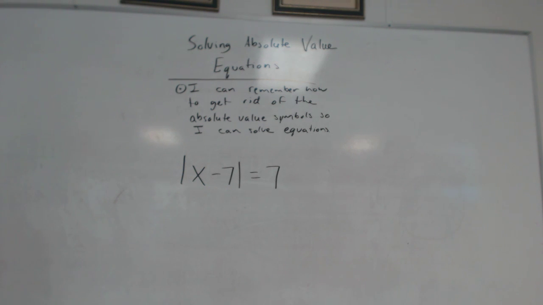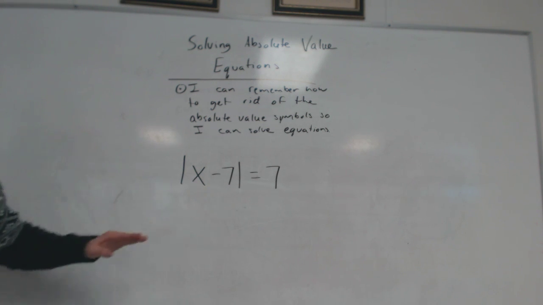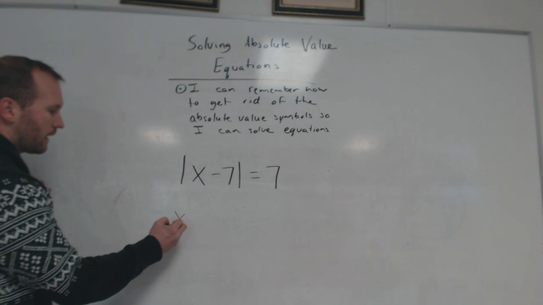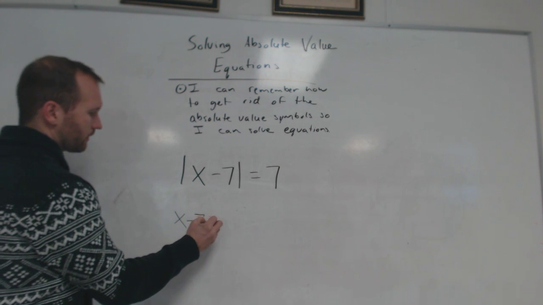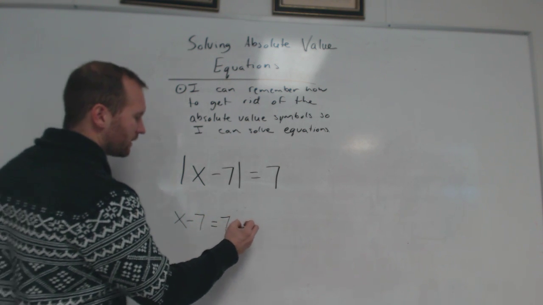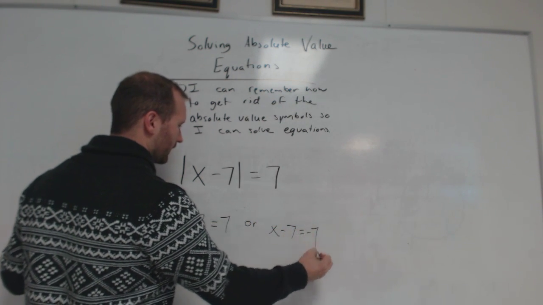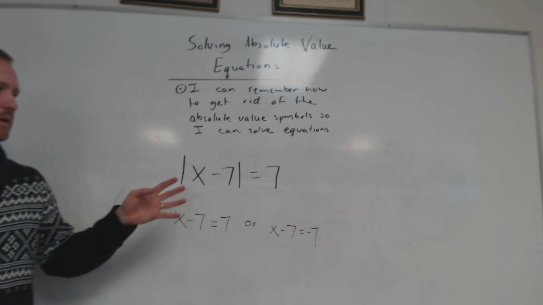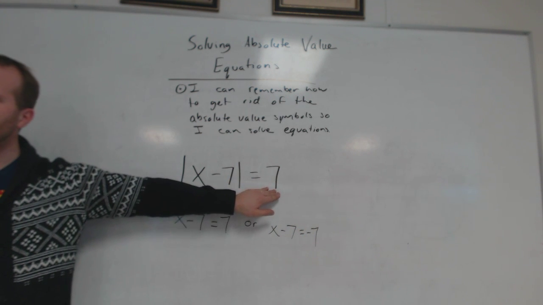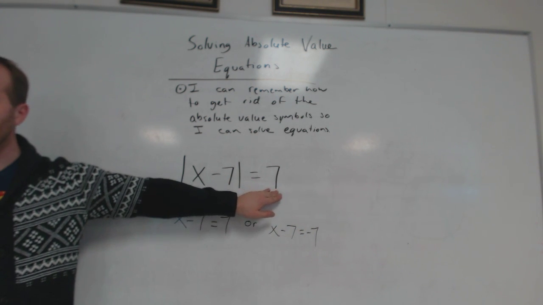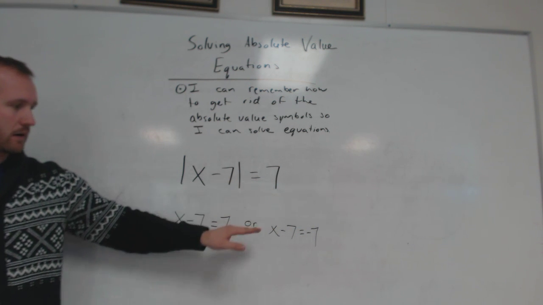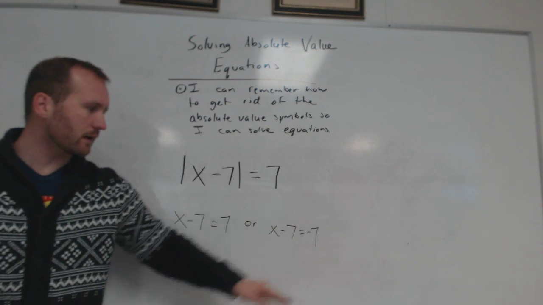But the process is the same. I'm going to take whatever's inside my absolute value, x minus 7, set it equal to 7, or x minus 7 equals negative 7. So notice, the thing that I'm making positive and negative is this number over here. Right? 7 or negative 7.